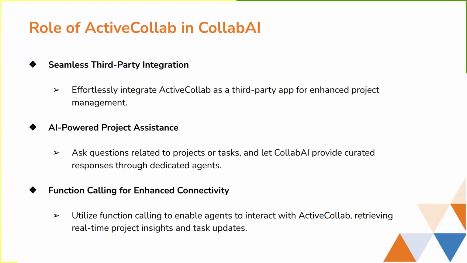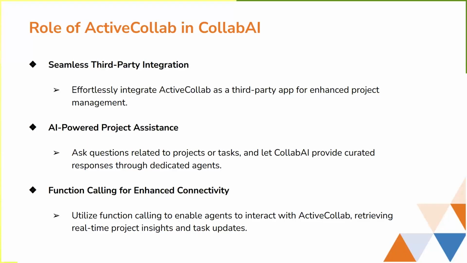Now, how does it give the curated responses? So it makes use of a feature called function calling. Function calling actually connects the agent to the ActiveCollab, and the ActiveCollab gives response to the function, and then the function returns the response to the user and the agent gives you the response from the function.